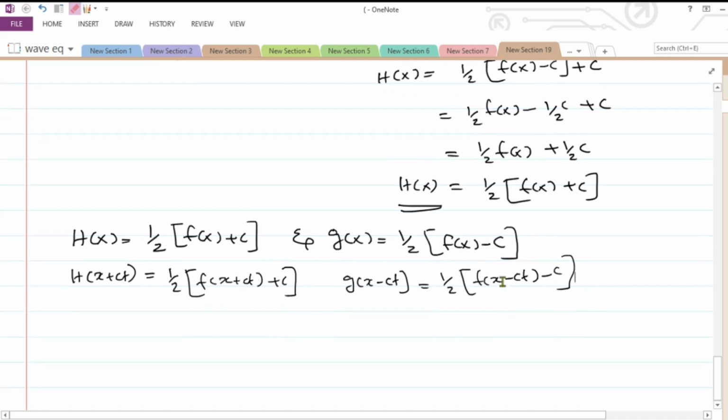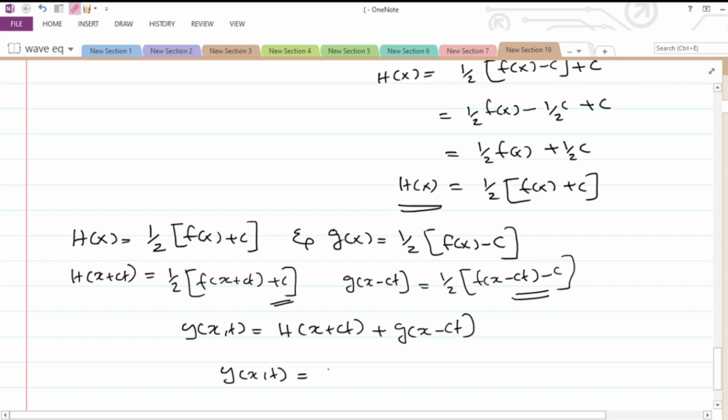Since we have y(x,t) is equal to h(x+ct) plus g(x−ct), we can substitute these two in this equation. Finally we get y(x,t) is equal to 1/2 times f(x+ct) plus c, plus 1/2 times f(x−ct) minus c.